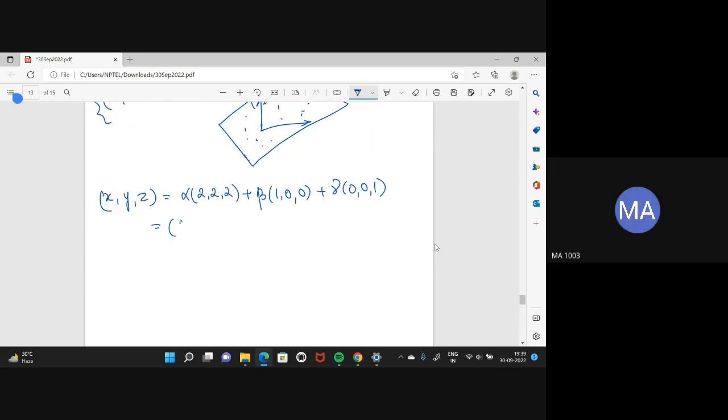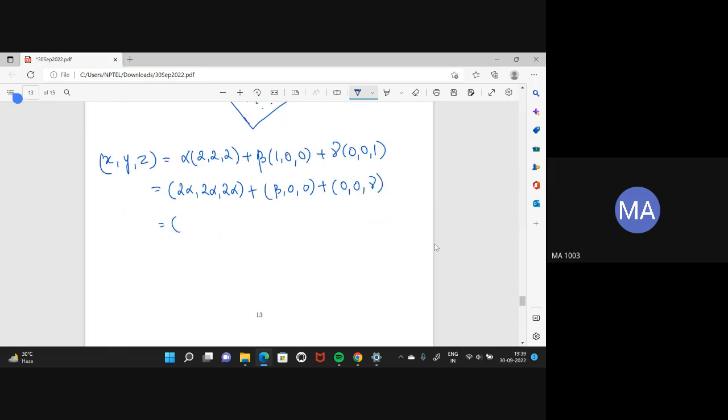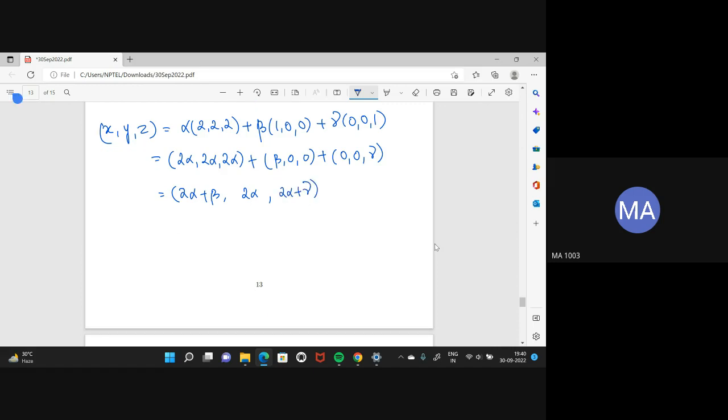So this is (2 alpha, 2 alpha, 2 alpha) plus (beta, 0, 0) plus (0, 0, gamma). This is (2 alpha plus beta, 2 alpha, 2 alpha plus gamma), right?